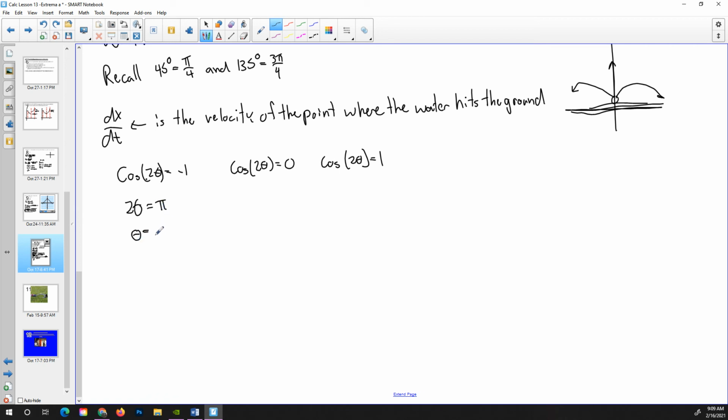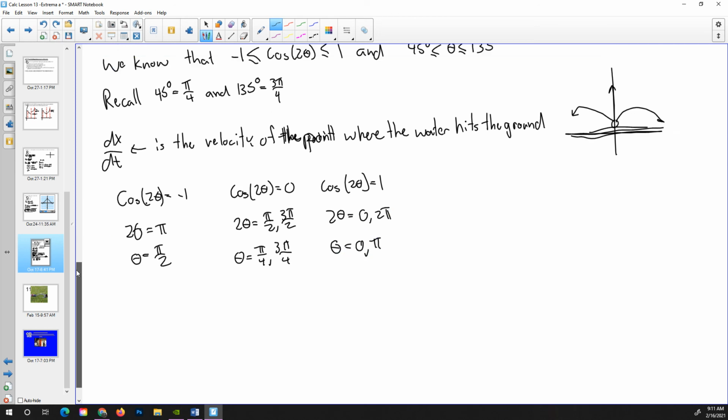And so theta would equal pi over 2. And it equals 0. Cosine equals 0 when whatever's inside this expression is equal to pi over 2 or 3 pi over 2. And so theta equals pi over 4 or 3 pi over 4. And cosine equals 1 when what's inside of that expression, so 2 theta, is equal to either 0 or 2 pi. Now when I divide, I get theta equals 0 or pi.